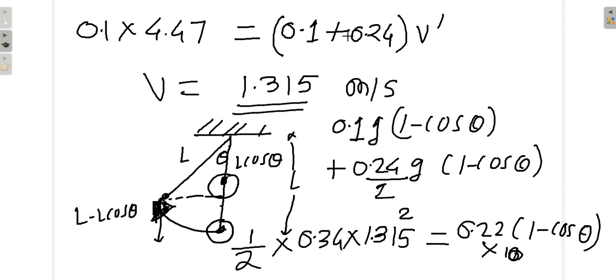You cannot use the principle of conservation of linear momentum because the velocity of the rod has to be considered as a point mass concentrated at the center. So these 2 points will have different velocities, isn't it? Angular velocities will be different, and since the angular velocities will be different, we have to use the approach of conservation of angular momentum and not the approach of conservation of linear momentum.